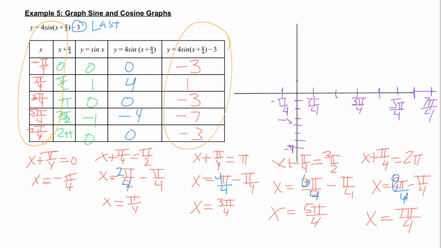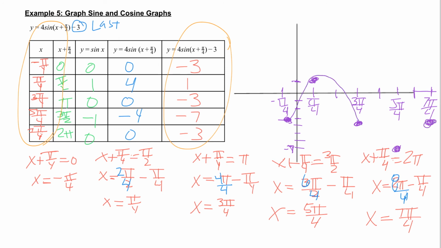And then here's 1. So we have our point negative pi over 4, negative 3, which is right here. Pi over 4, 1. 3 pi over 4, negative 3. 5 pi over 4, negative 7. And 7 pi over 4, negative 3.